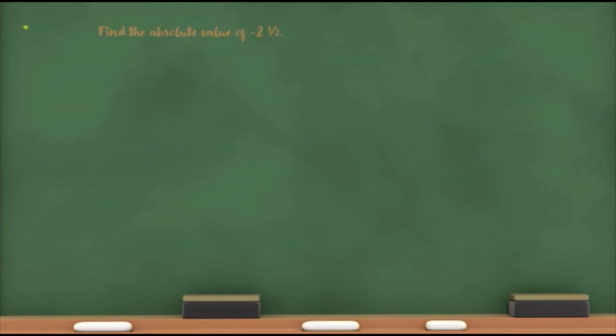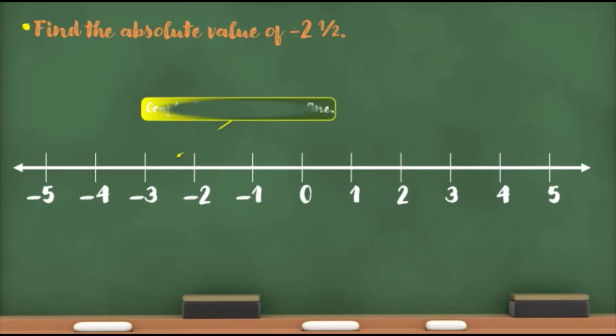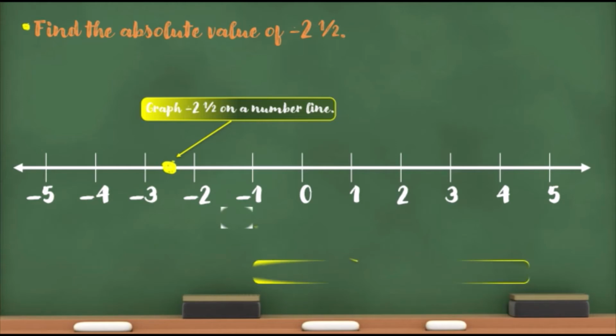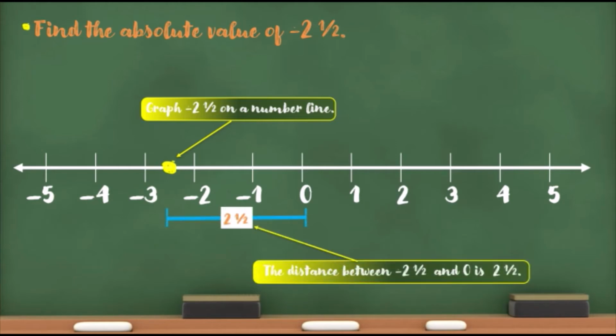What about this? Find the absolute value of -2½. First, graph -2½ on a number line. And the distance between -2½ and 0 is 2½.